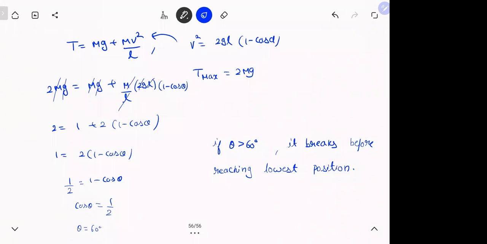Clear? Turning the page. If you see, those are some questions based on pendulum stuff. Next thing.